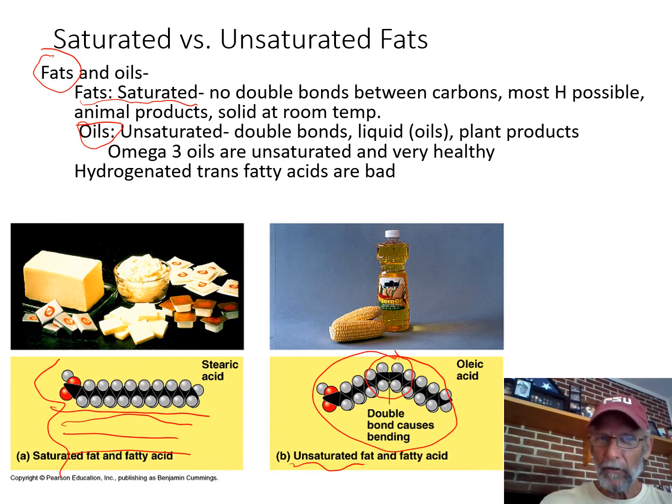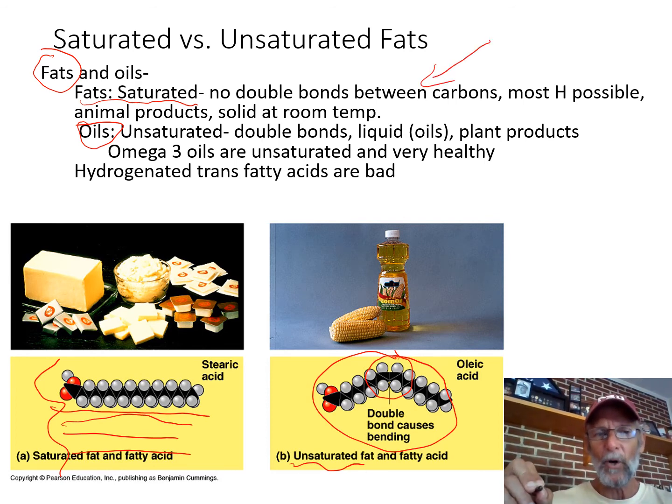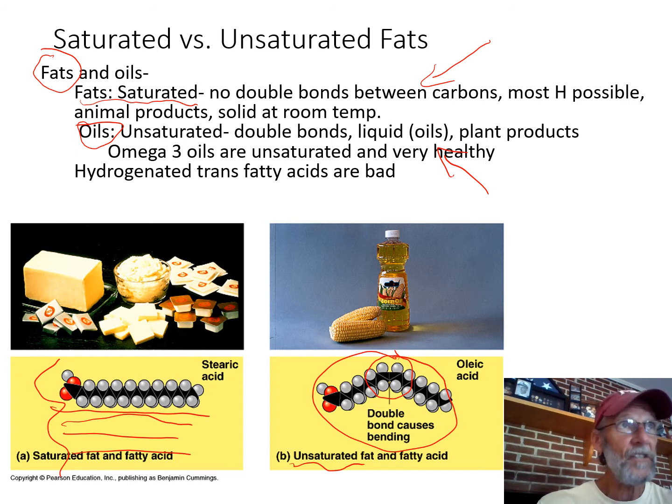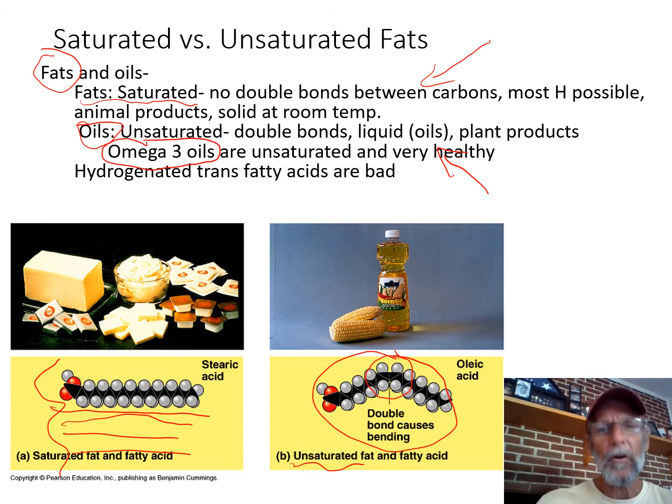So another difference here, kingdom-wise, is that if you're an animal, you make these kind of fats when you put these lipid parts together. You make saturated fats, and you and I do that. But if you're a plant, like a corn plant, you make a lot of these unsaturated kinds, and so corn oil is these unsaturated kinds. We have some kinds of oils that are even better for you than others.